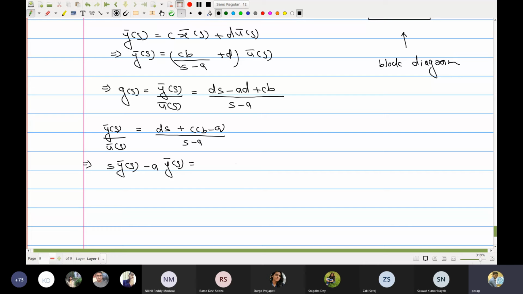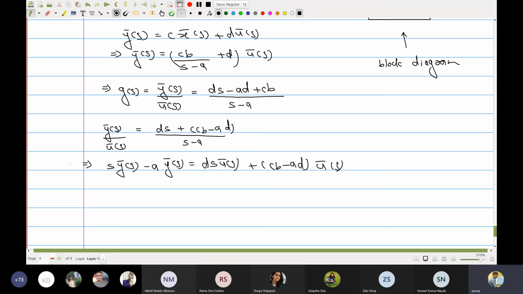And this will be equal to d times s u bar of s, right, plus cb minus ad times u bar of s, right? So I arranged it in a little trickier manner to get this.